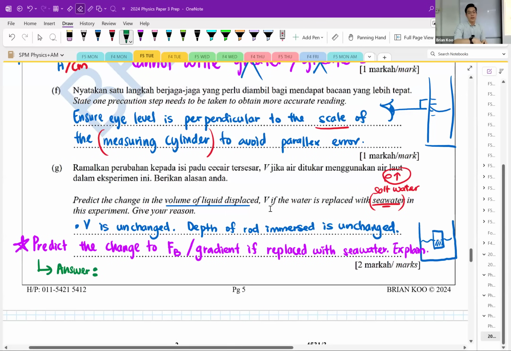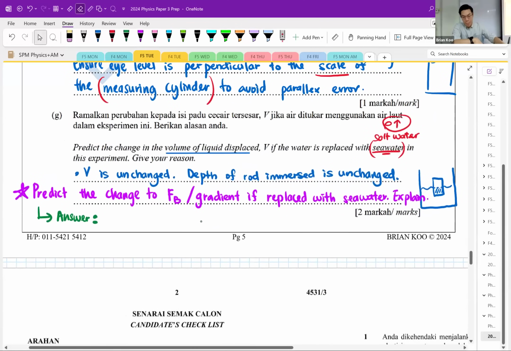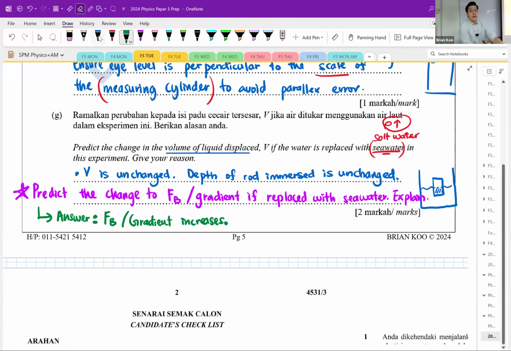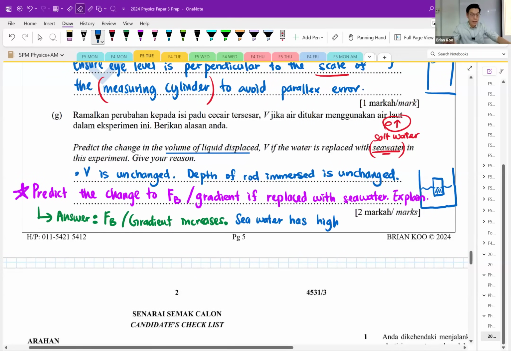This one will increase. Both gradient or FB, both also will increase. Reason? The density is greater. Seawater has higher density.